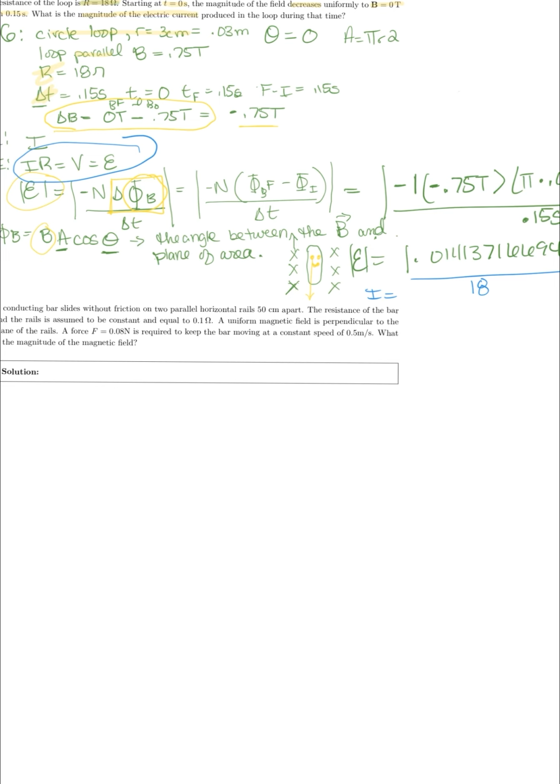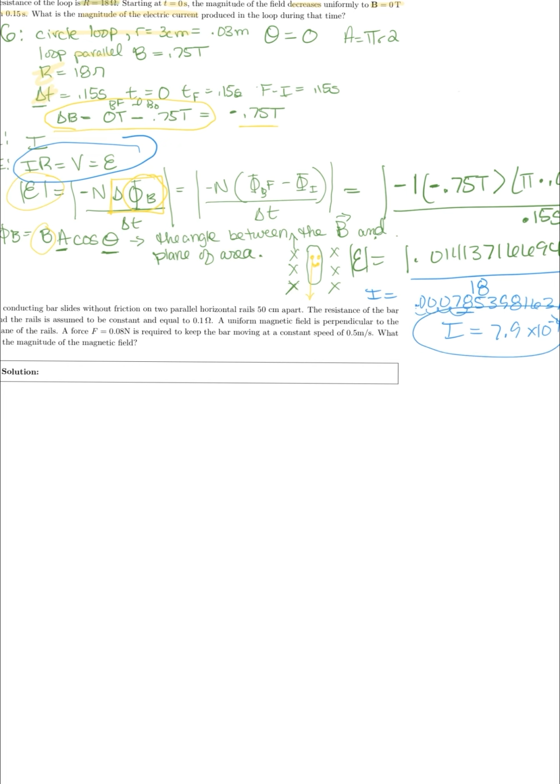And we will get that our current is 0.000785398163 amps, which is going to be, let's say, to 2 sig figs, I equals 7.9 times 10 to the negative 4 amps.